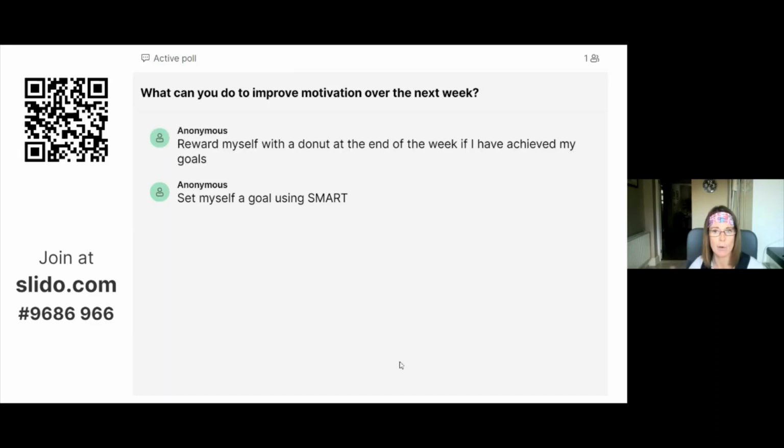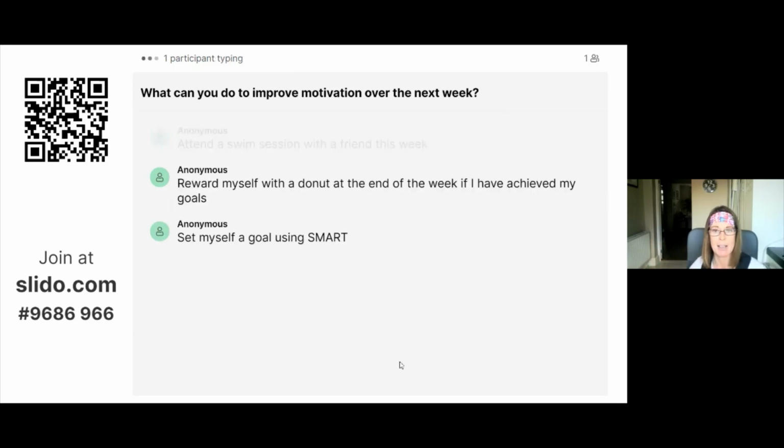You can also compare and look at your progress, where you started and where you're at now with that SMART goal. And then we've got: reward myself with a donut at the end of the week if I have achieved my goals. Okay, great that you have a reward in mind, because that might be your motivation to go out and do whatever it is that you're setting yourself to do.